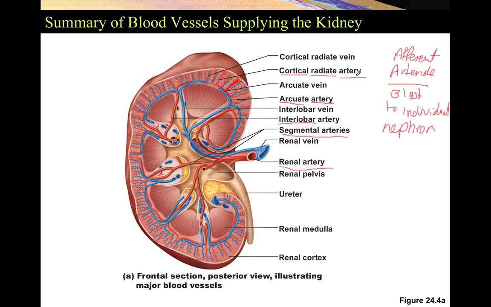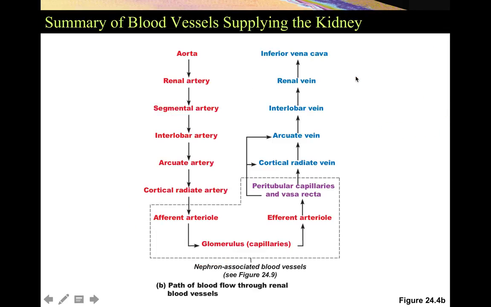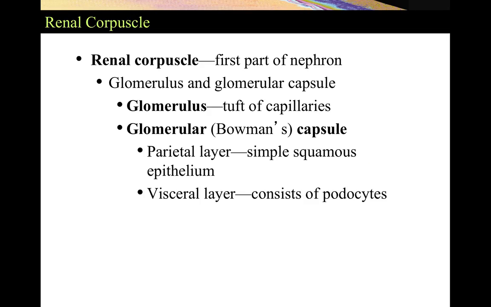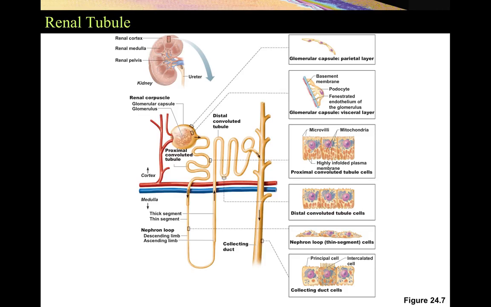Now, if I continue with the afferent arteriole, going back to this picture, I just want to show you this concept. Notice how it says this is the medulla, this is the cortex. This is the blood vessel that runs right between them. This is called the arcuate artery.